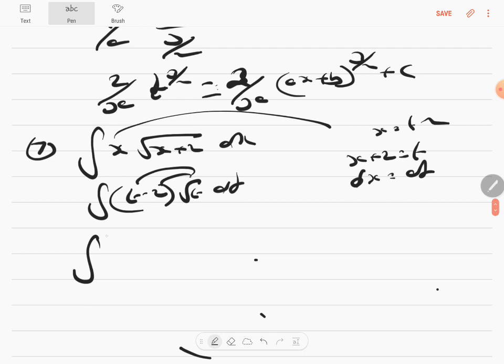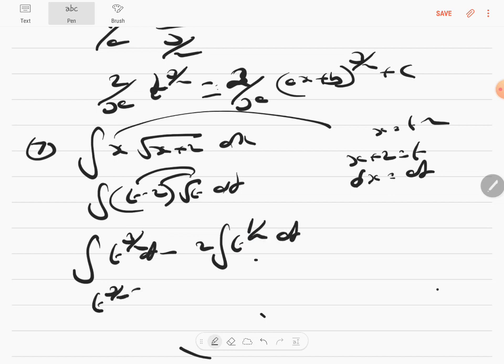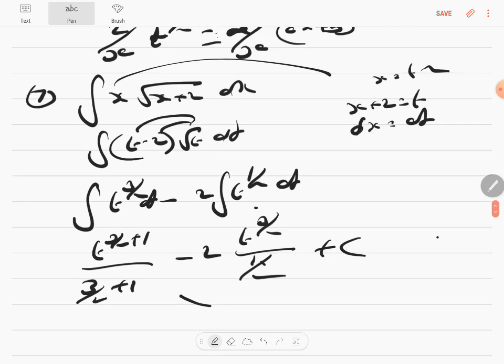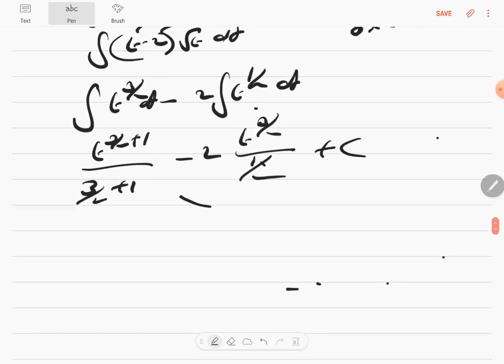So t to the power 1 into t to the power 1 by 2 is t to the power 3 by 2, minus 2 into t to the power half dt. Then t to the power 3 by 2 plus 1 by 3 by 2 plus 1, minus 2 into t to the power 1 by 2 plus 1 by 1 by 2 plus 1, which is like this. Just solve it, write c and substitute what is t. What is t? It is x plus 2. Substitute finally and check the book back answers.